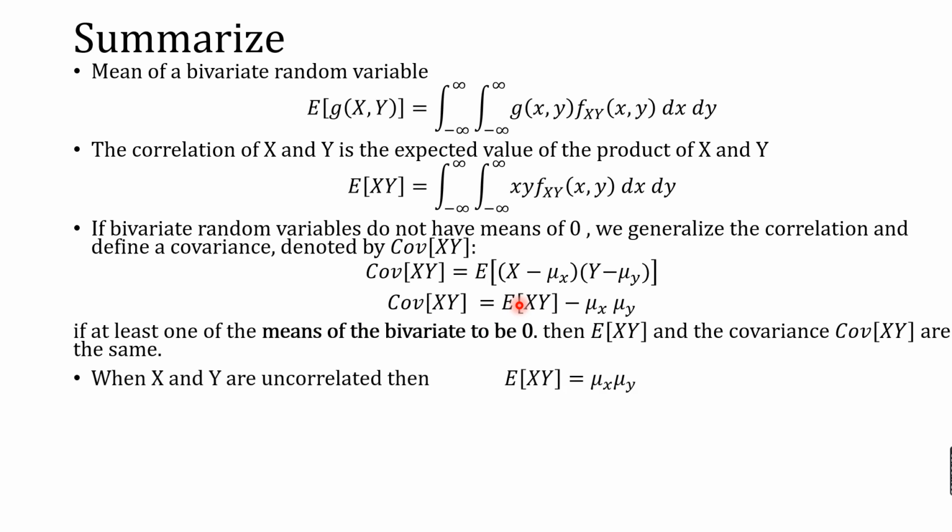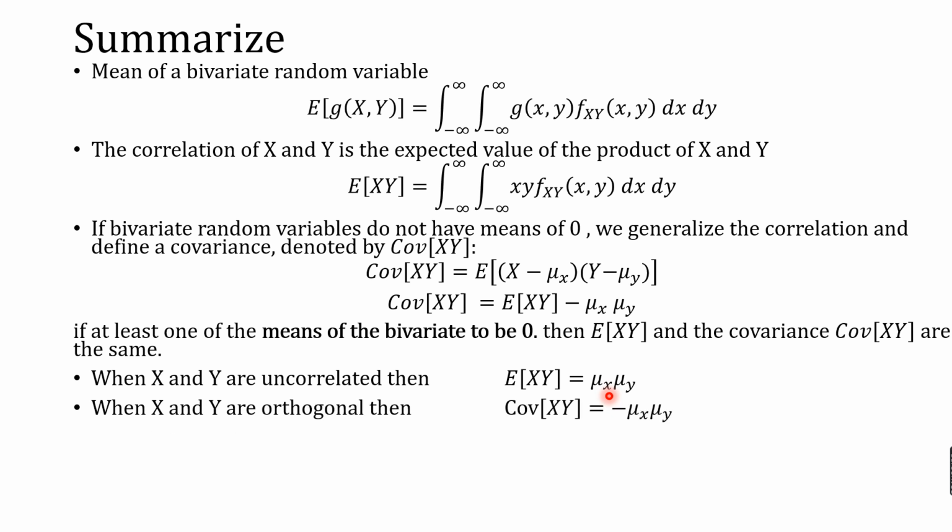Alright. When x and y are uncorrelated, that means when covariance equals 0, then we can say that correlation equals the product of the means of x and y.